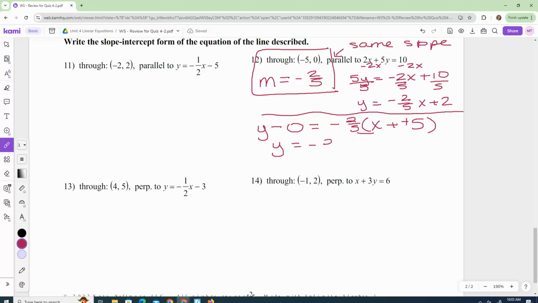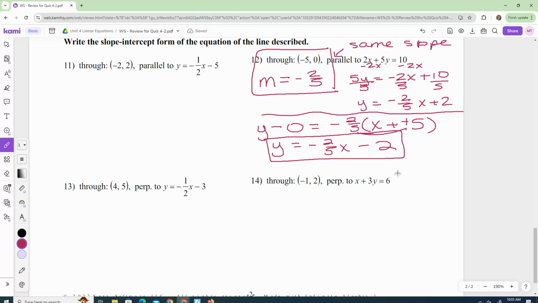Distribute the -2/5, so -2/5 x. -2/5 times 5 is -2. So y equals -2/5 x minus 2. Last one.